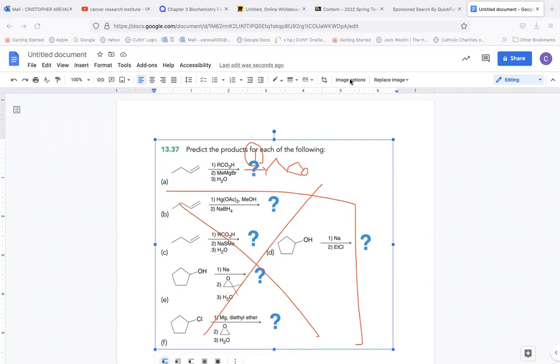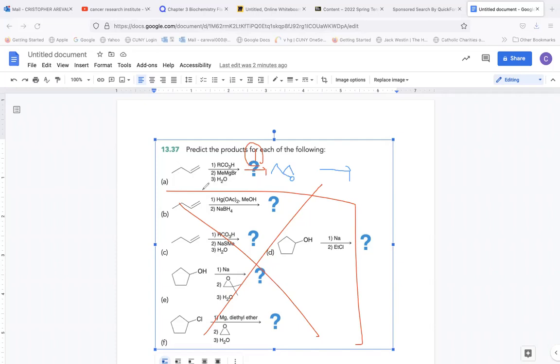All right, let's do number 2. Let me just do it again. It's a triangle. It's just like a weird shape. I'm just following how it looks there.